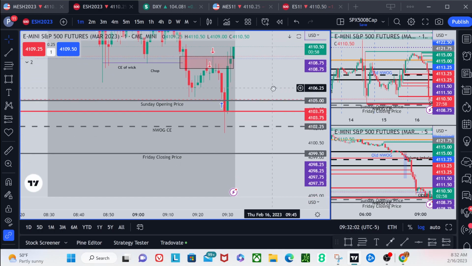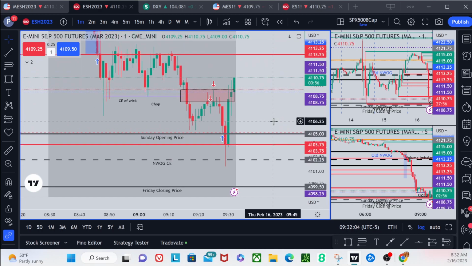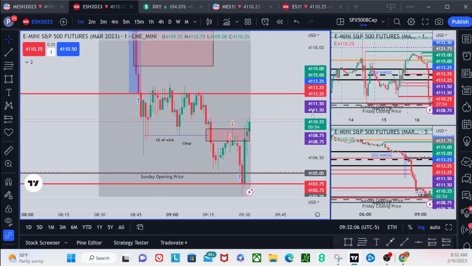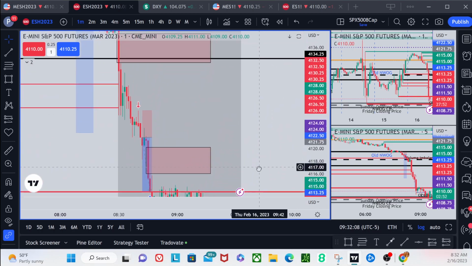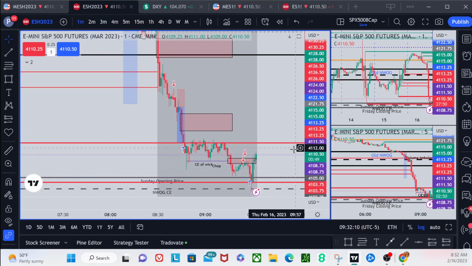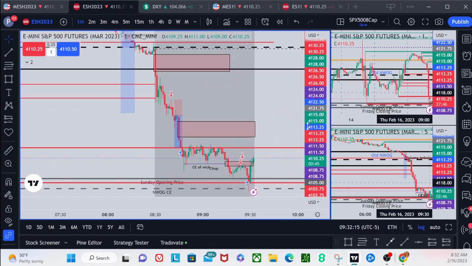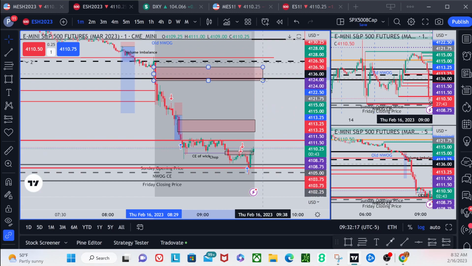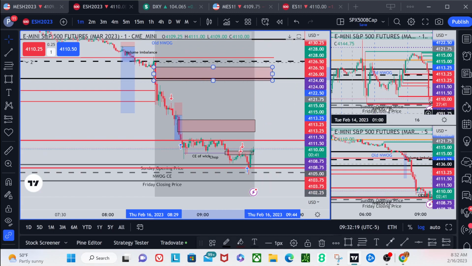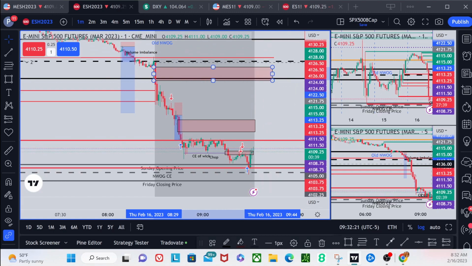Previous new week opening gap is up here. Traded through rejection block here. Failure. Broke down below short-term low. We have new day opening gap, which is here.